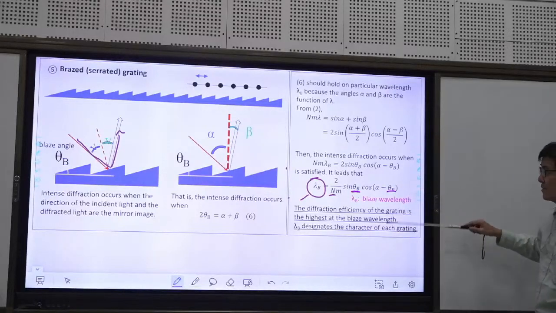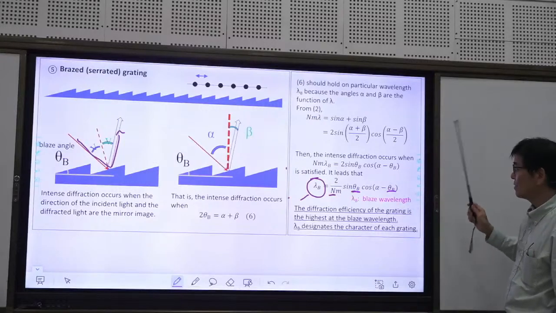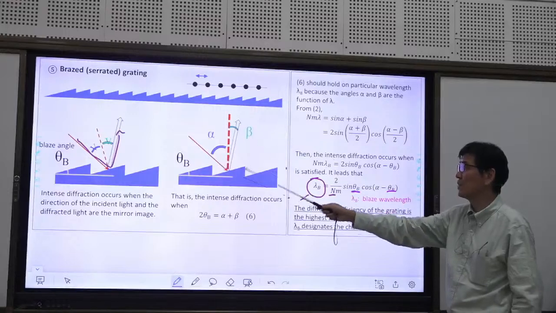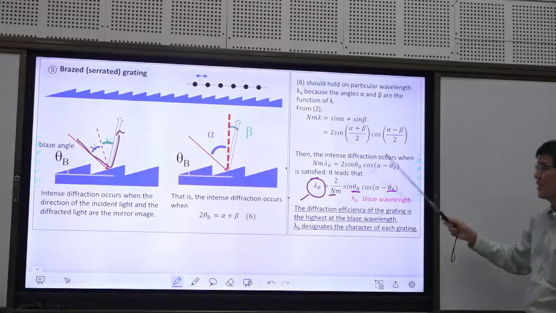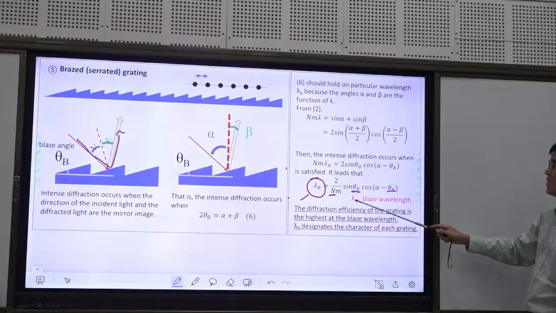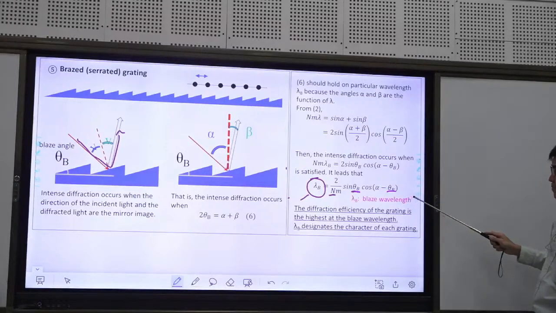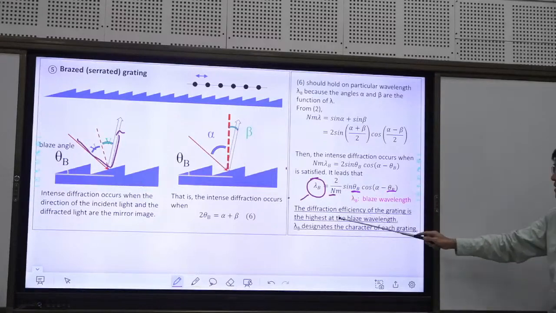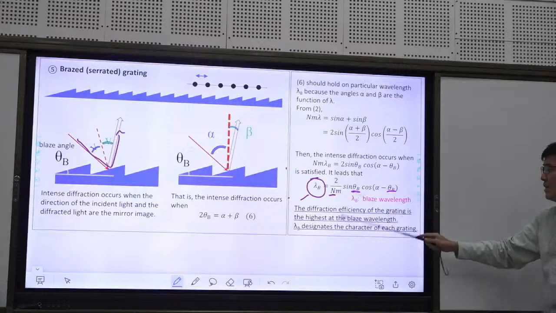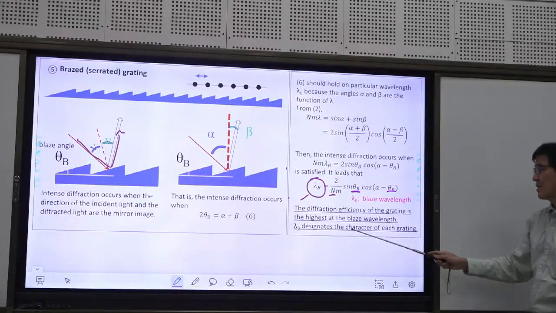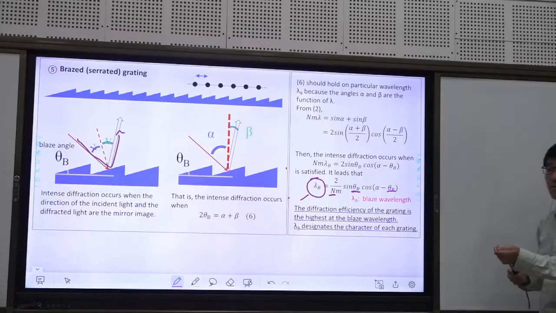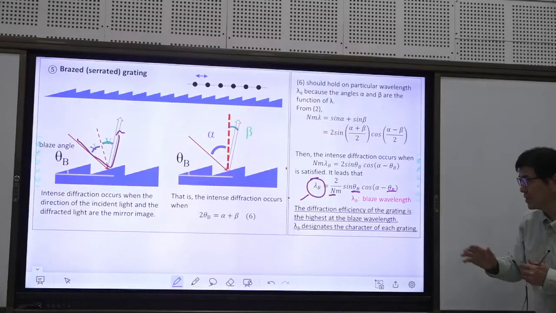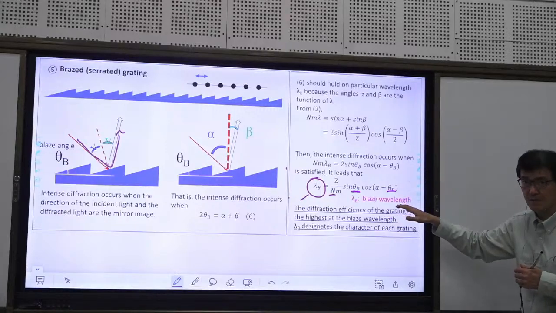In other words, the highest performance of this grating is achieved at λb, the blaze wavelength. The diffraction efficiency of the grating is the highest at the blaze wavelength λb. So λb designates the character of each grating. When you have a chance to order a grating, please check the blaze wavelength.